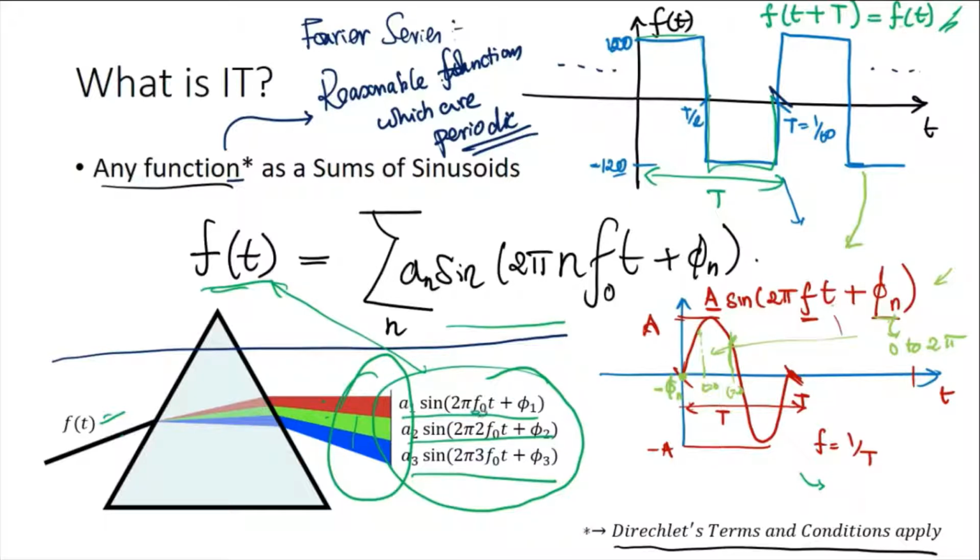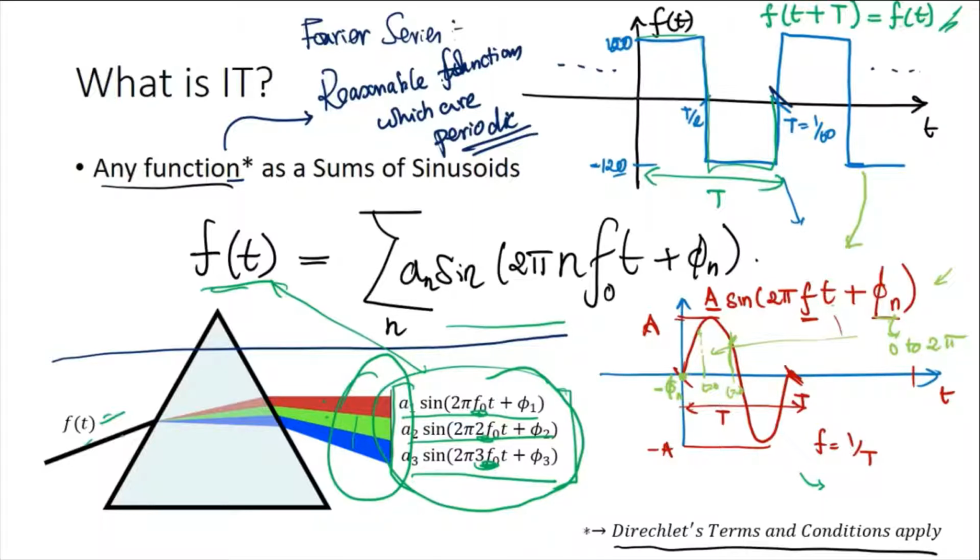Here, sine waves of frequency f naught, 2 times f naught, and 3 times f naught form this function f of t. This is one of the main reasons it's called the frequency spectrum or the Fourier spectrum. People use the term spectrum a lot when talking about Fourier series because of this.